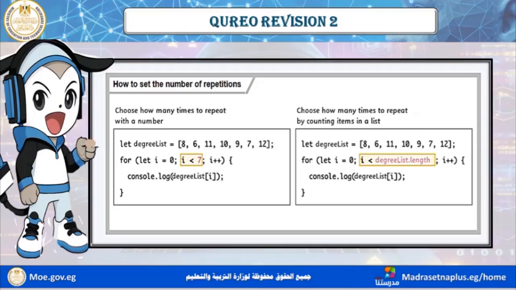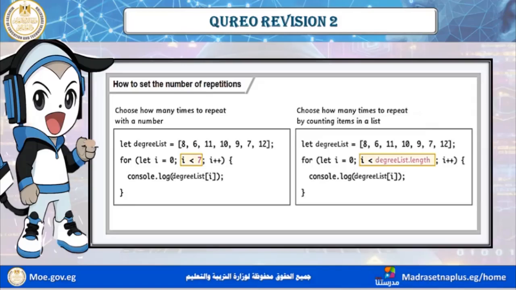Degree list dot length will get the number of items, which is 7, and I need here to put i less than 7 because 0 is not counted in a length. الزيرو مش بيتحسب معايا وانا بعد. انا بعد عنصر 2 3 4 till we reach 7، لكن الاندكس بتاعهم بيكون from 0 to 6. So I have to write here i less than degreeList.length.